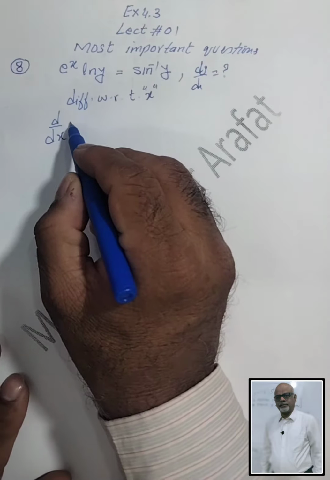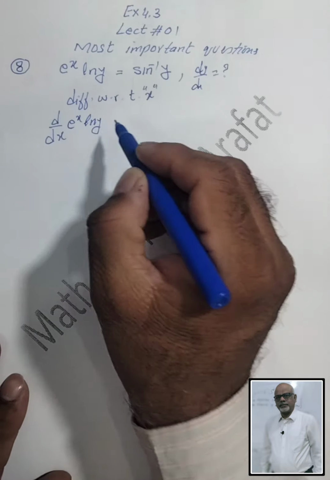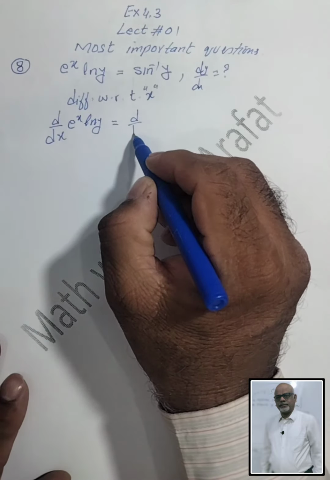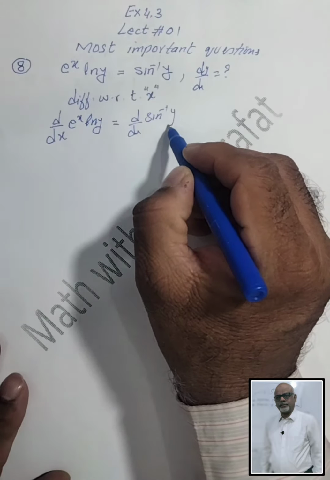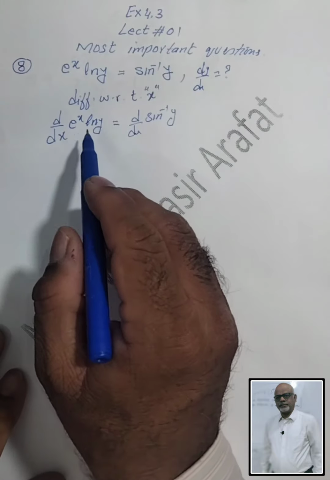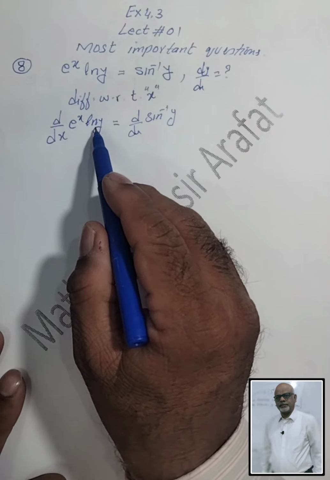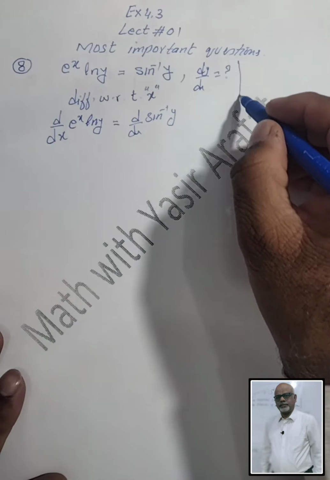D over dx e of x ln y, it is equals to d over dx sine inverse y. So here there are two functions, one is e of x and the another one is ln y. So here we have to apply the product rule here.